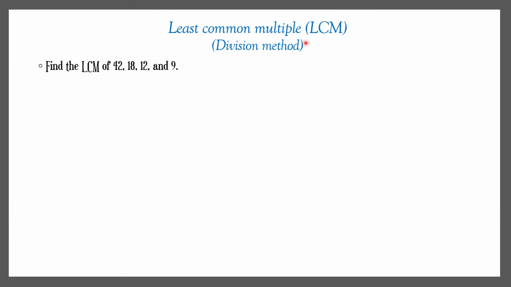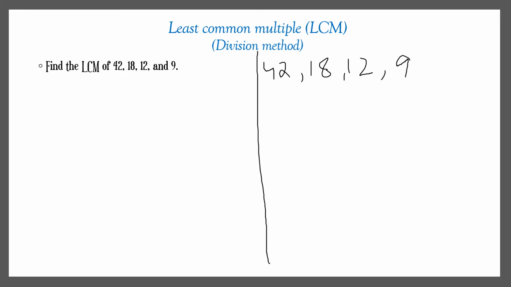Okay, now we have to find the least common multiple using the division method. Okay, the division method for LCM is a bit different than for HCF. While finding LCM by using the division method, we write all the numbers together: 42, 18, 12 and 9, and then we divide them together by this method.